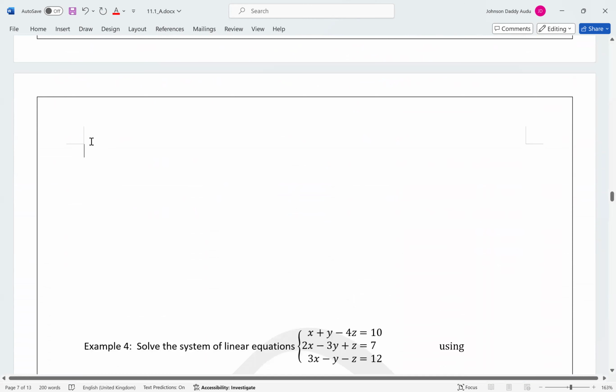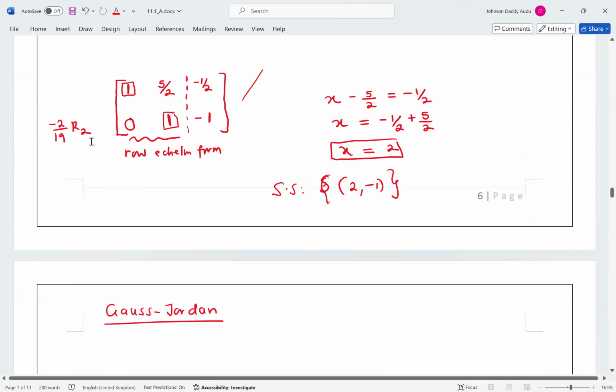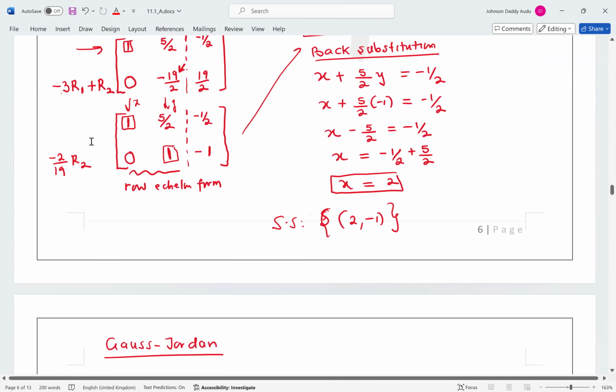Using Gauss-Jordan. Now for Gauss-Jordan, you require the reduced row echelon form. But how do you get the reduced? You just continue from here.